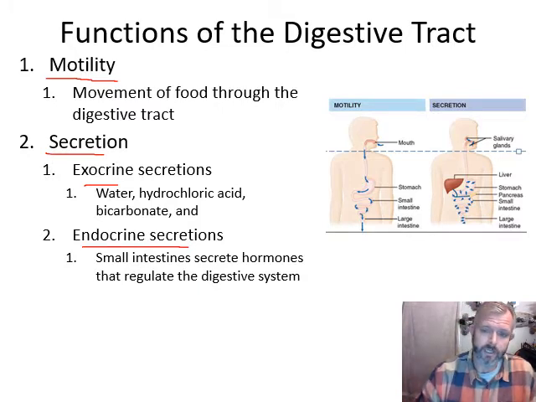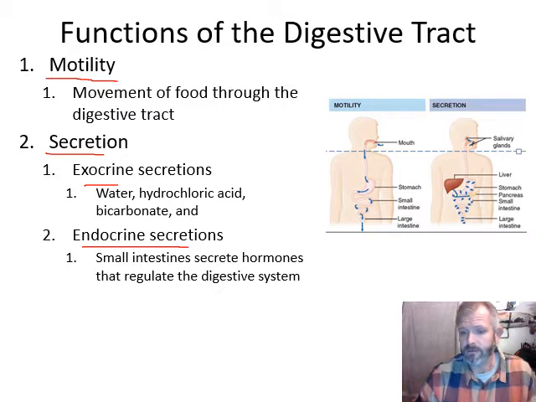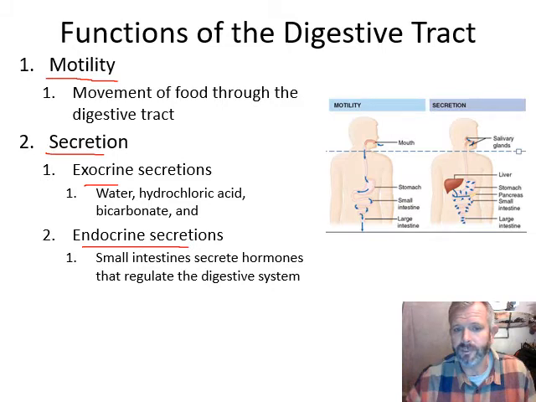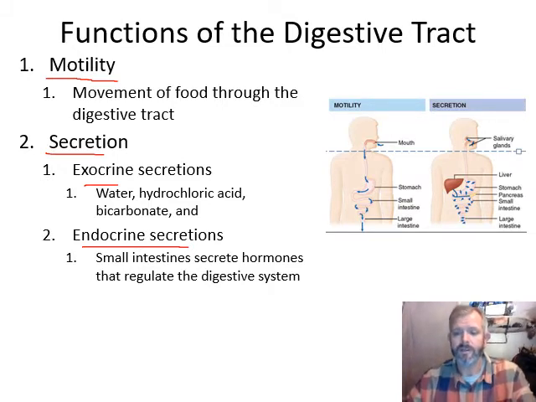This helps regulate movement, helps regulate enzyme release, secretion of other hormones and so forth, and materials like bile that we'll talk about. So as we do motility through the digestive tract, along the way, you'll see we are secreting materials in, and also secreting materials into the bloodstream to help regulate the digestive system.